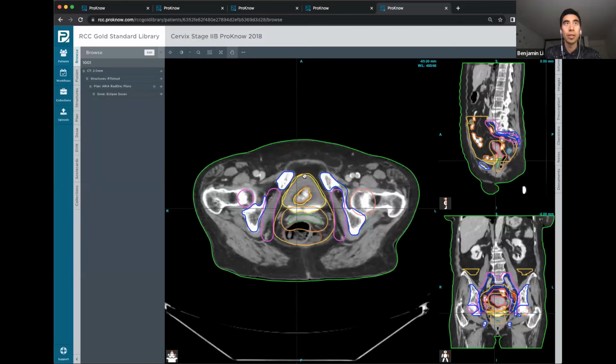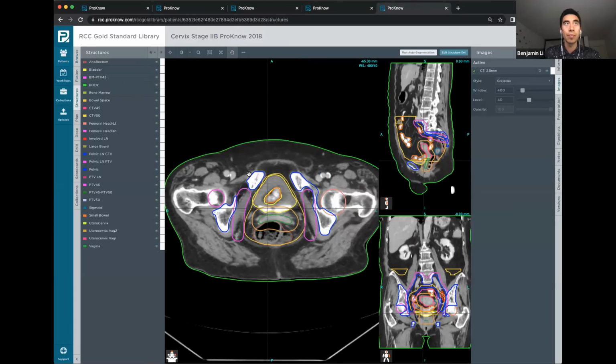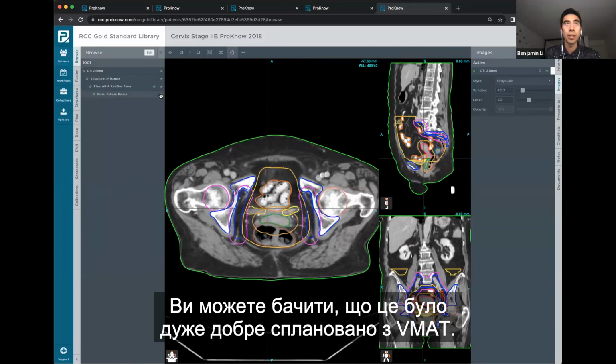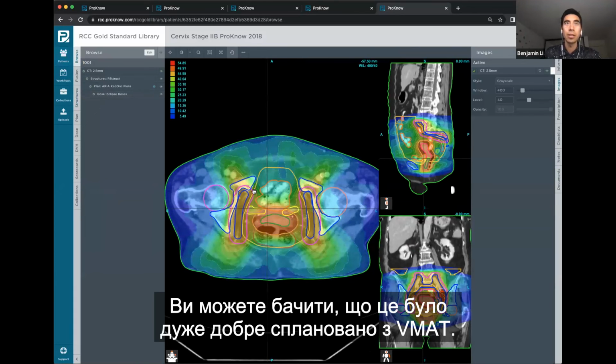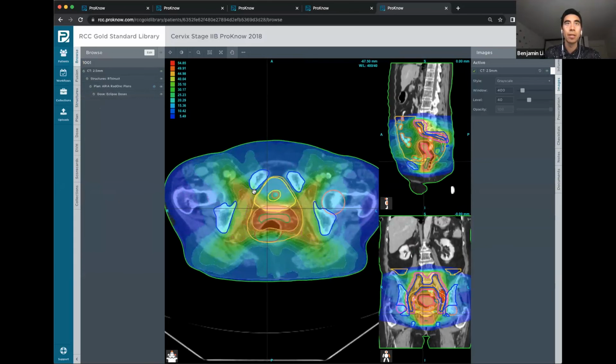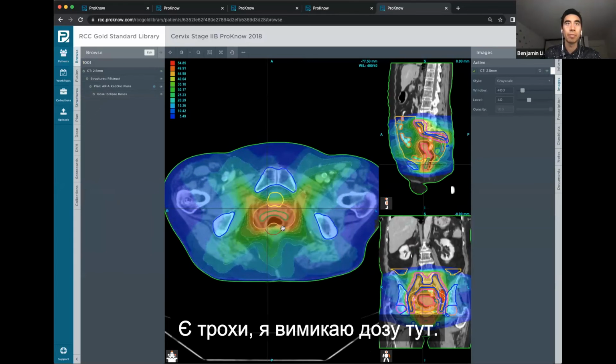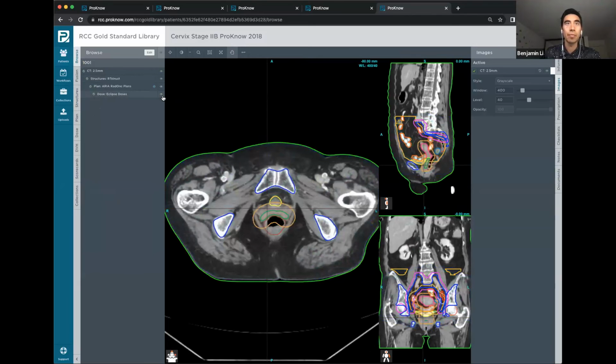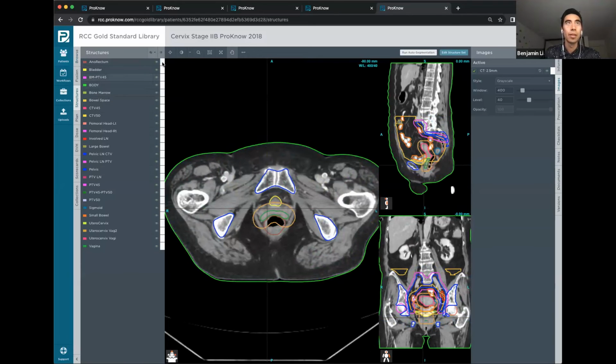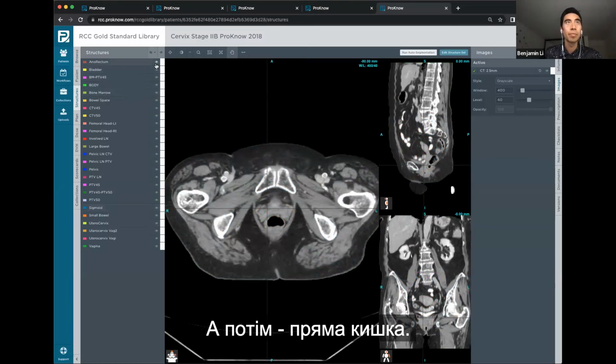So here's a cervical cancer case. You can see it was planned very nicely with VMAT. I'll turn off the dose here. And then the rectum is here.